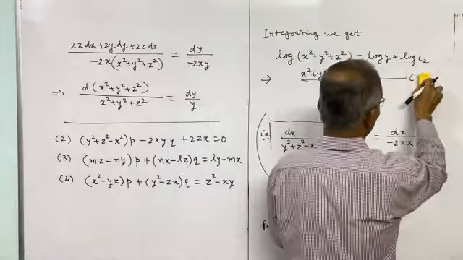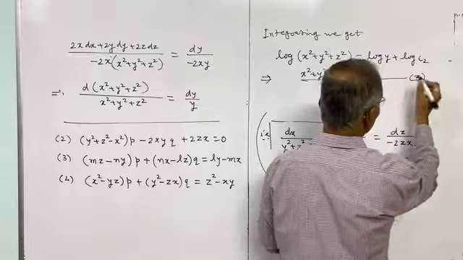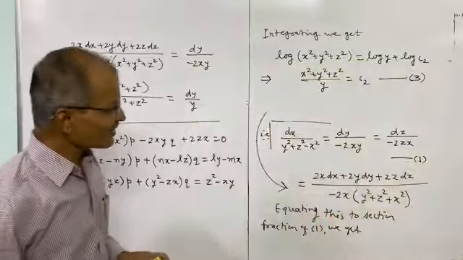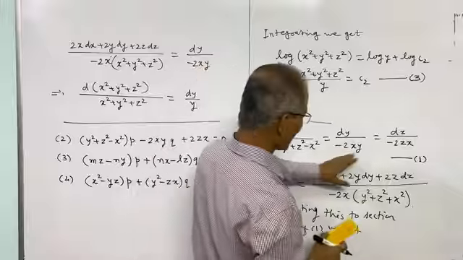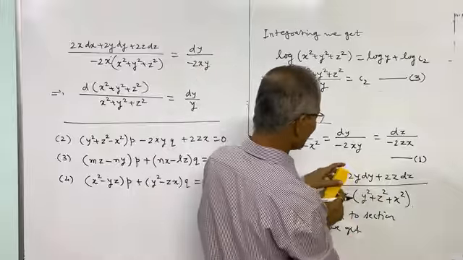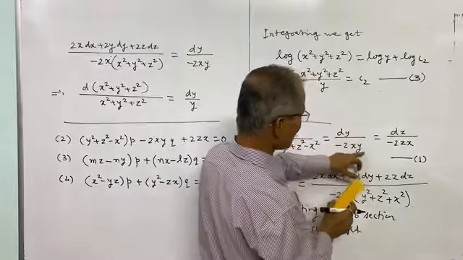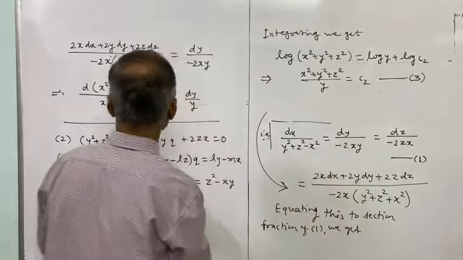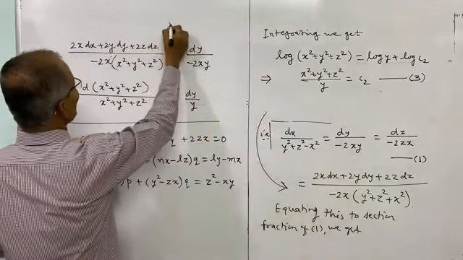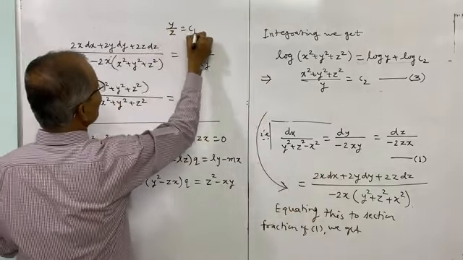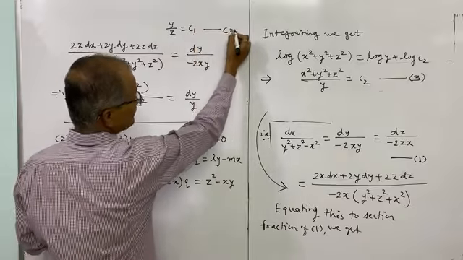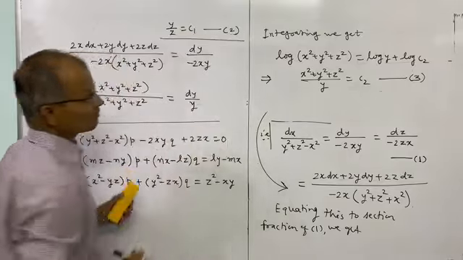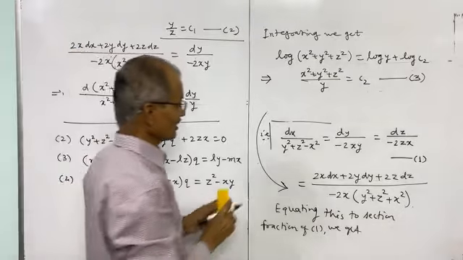First we have referred this as Lagrange's linear equation. And what was the second we have obtained, equating the last two ratios after cancelling 2x, that was y upon z. The second equation we have already written here is y upon z is equal to c1. That was second. And thus from 2 and 3 the solution can be written.